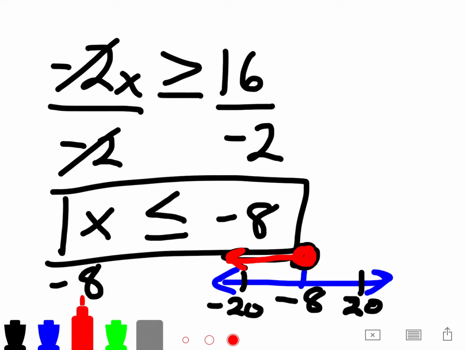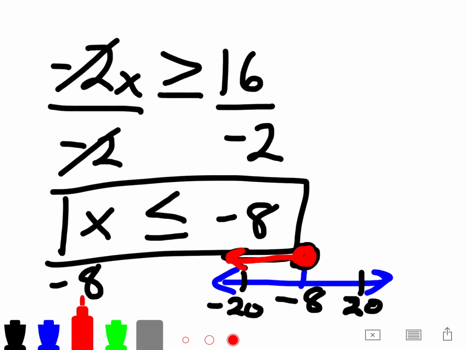So those are the two things that make these different. Number one, there's the rule that you flip the sign whenever you multiply or divide by a negative. And number two, when you graph these, they're going to look a little funny because the answer to these questions is a bunch of numbers, right? Negative 10 is less than or equal to negative 8. Negative 130 is less than or equal to negative 8.